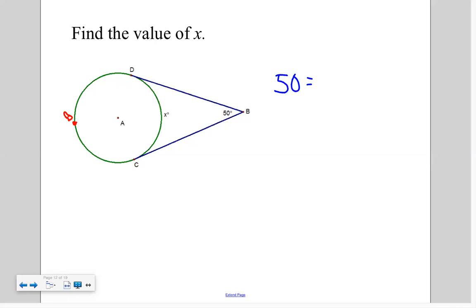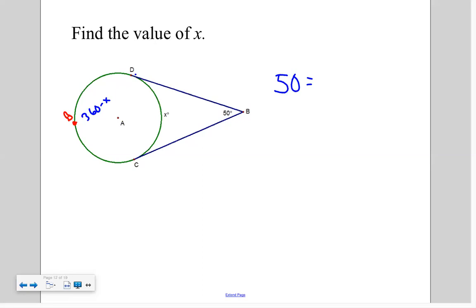So how many degrees would this one be? No, not minus 50, minus x. We know that if this is x, then this arc would be 360 minus x. Let's say that this x was 50.